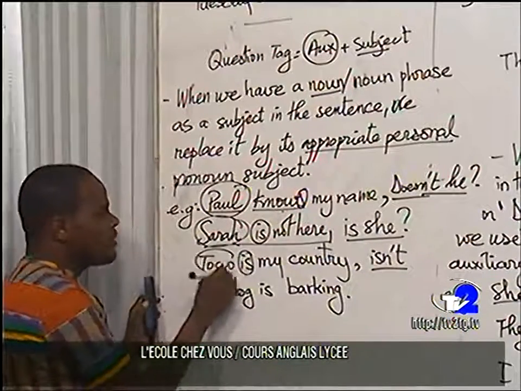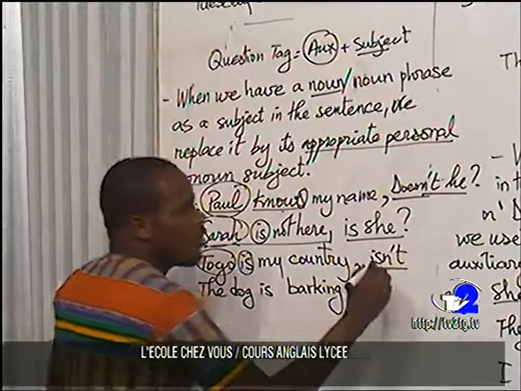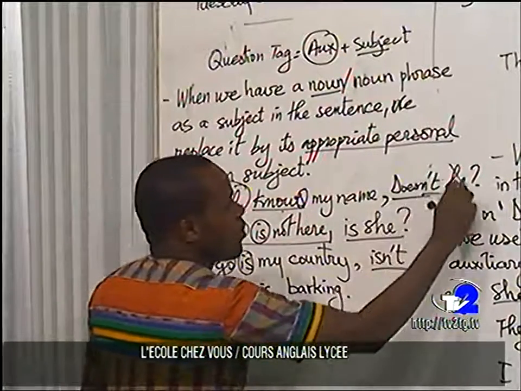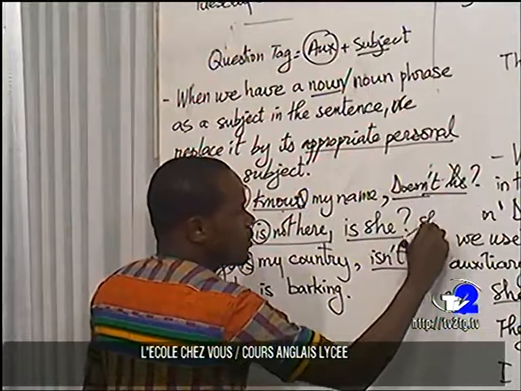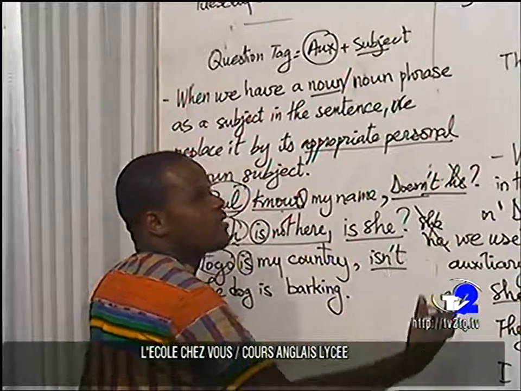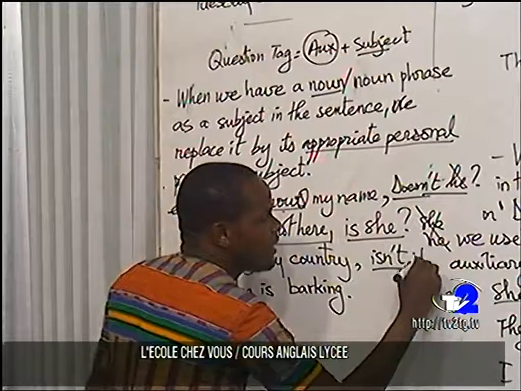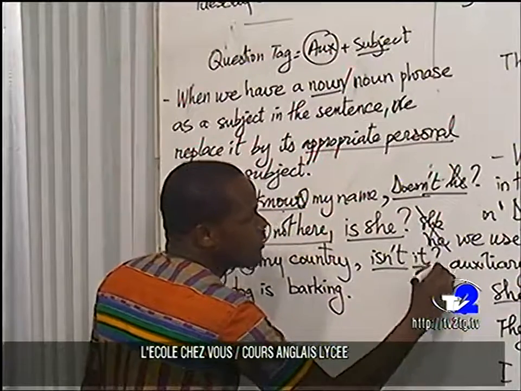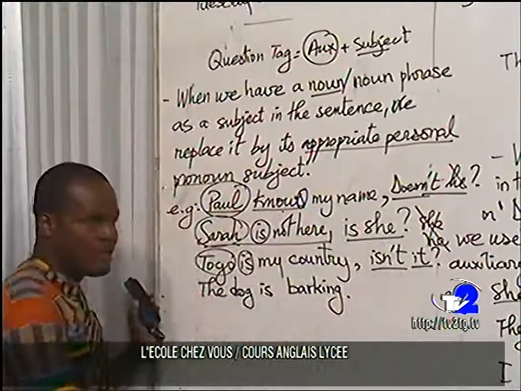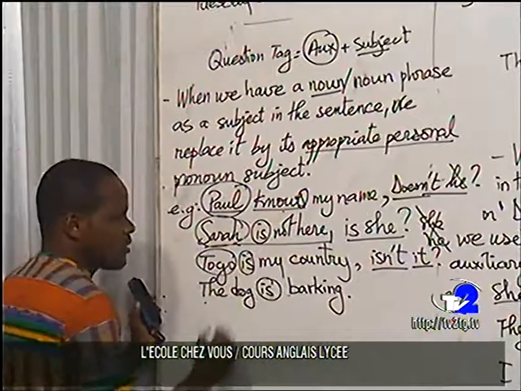Now, Togo is the name of a place, so we cannot say she or he, because they are not inanimate things. So we have to replace it by it. We use it for things and animals. The dog is barking. Is here.